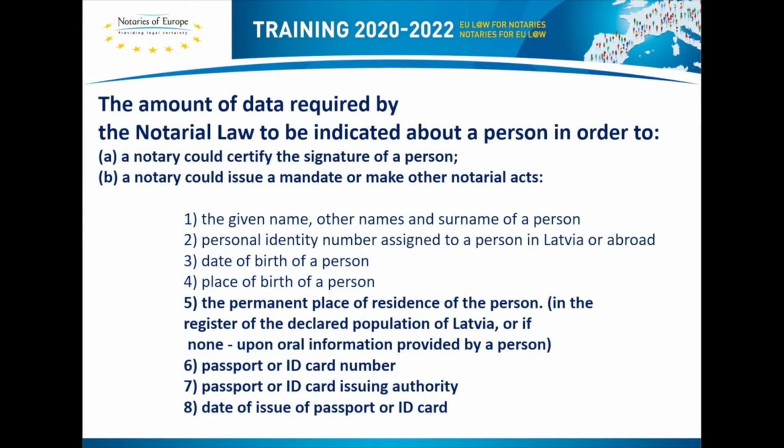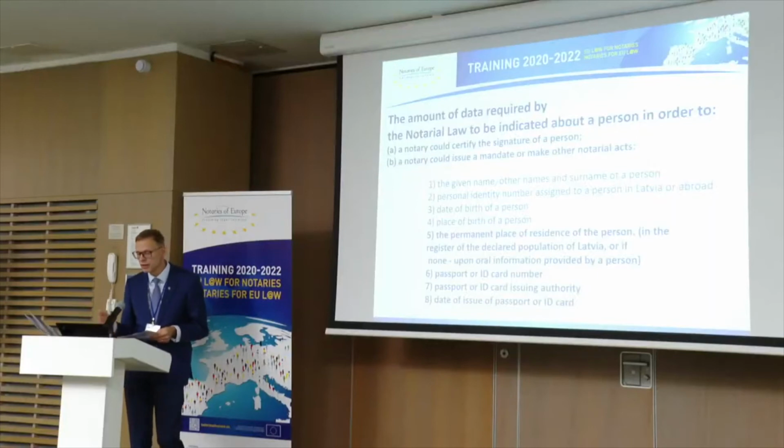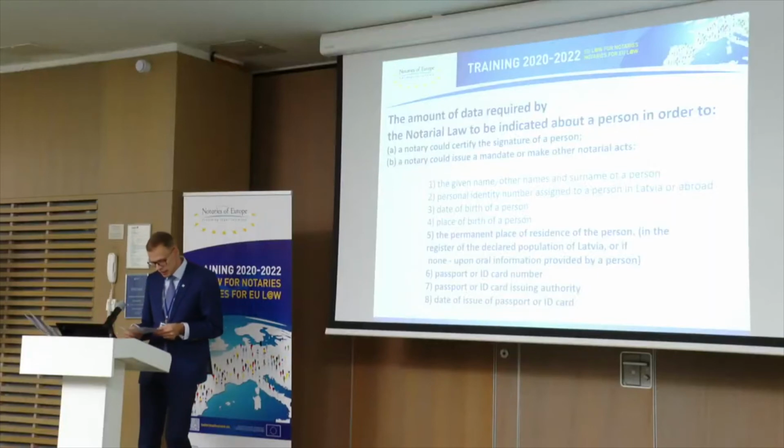It prescribes that if, for certification purposes or for the purposes of making a notarial act, a person has to be identified, then a certain list of data has to be obtained by the notary, verified by the notary, and at the end also entered into the certification text or notarial act. You can see there are 8, and some of them I highlighted in bold, and some of them I left unhighlighted.